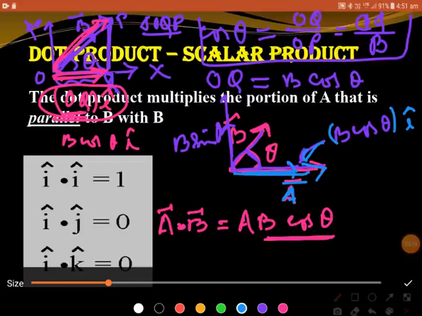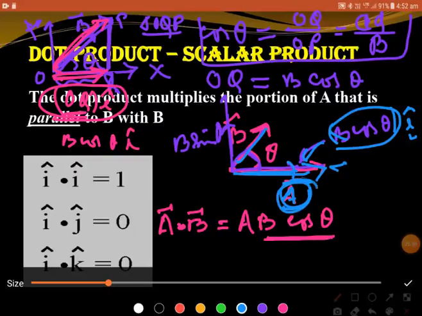So what happened? Your dot product is nothing but the product of the portion of A vector and the component of B, the component of B parallel to what? Your x vector, because this is also along x, this is also along x, right?